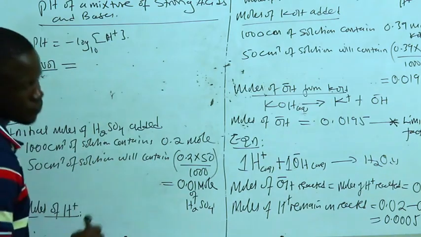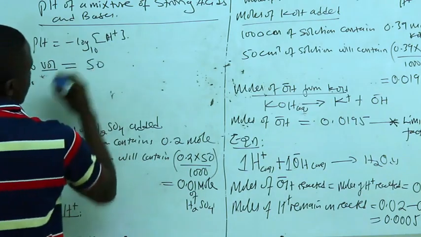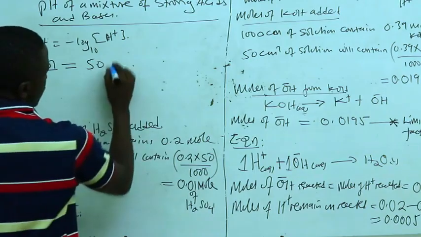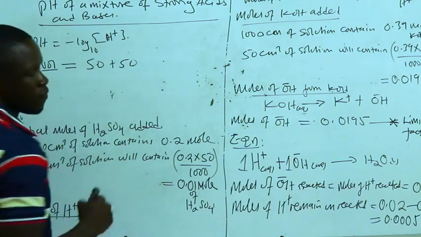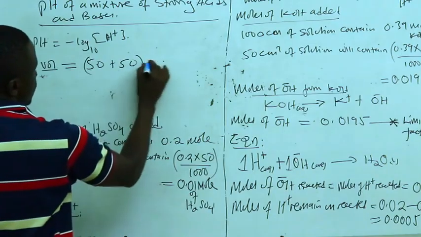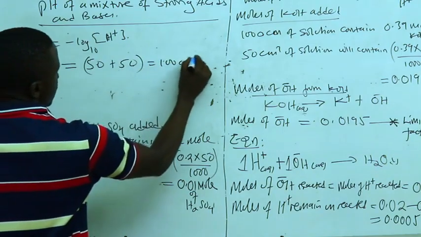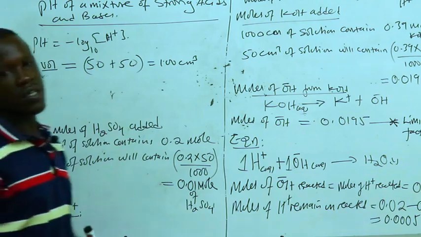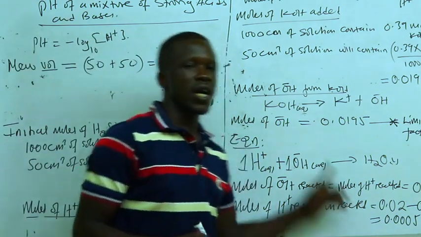New volume is 50 of sulfuric acid plus 50 of potassium hydroxide to give us 100 cubic centimeters. So that means these hydrogen ions are in 100.